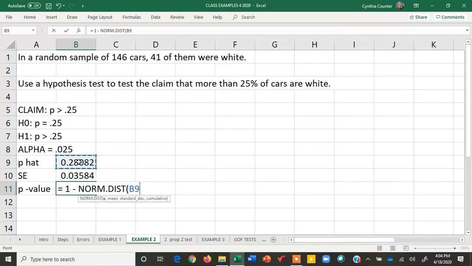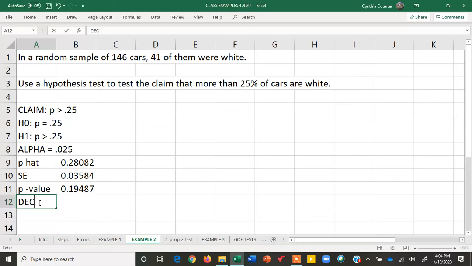Our P hat represents the x. The value from the null hypothesis of 0.25 is our mean. Our standard deviation is the standard error, and cumulative is always true. We get a p-value of 0.19487, 195.